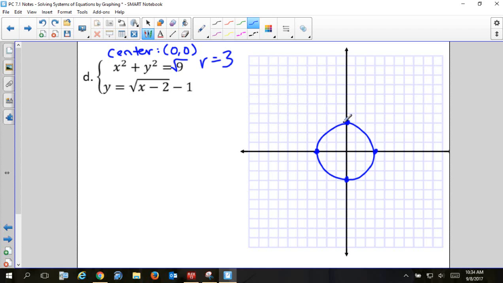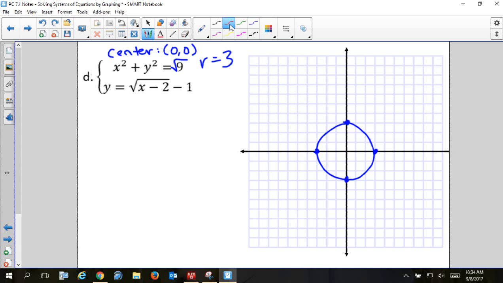We just have to figure out where it crosses with the other one, and hopefully it crosses at a point that is an integer. Because if it's not an integer, then either I messed up when I gave you the homework, or you're wrong. Hopefully I didn't mess up. I spent my time making it up.